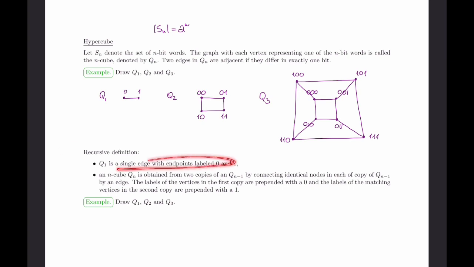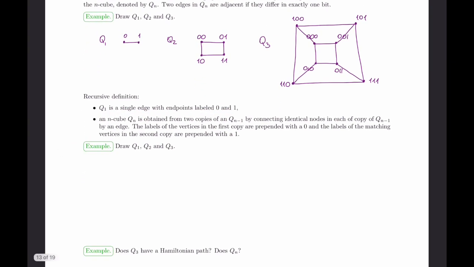We're going to start with a single edge with 2 points. So nothing special here, 0 and 1. And for the next one, I'm going to produce 2 copies of the previous hypercube. And in fact, I'm even going to label them as such. In the first copy, I'm going to prepend indices with 0. So let's say my top copy is my first copy.